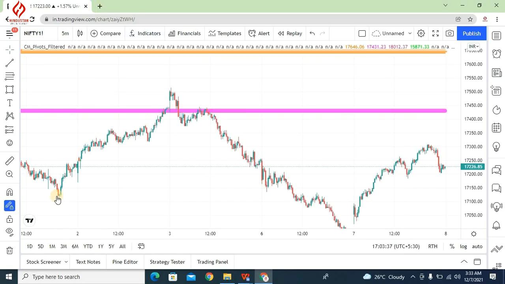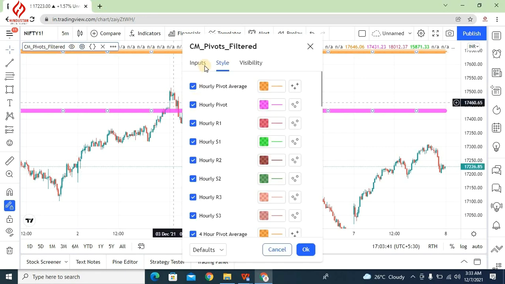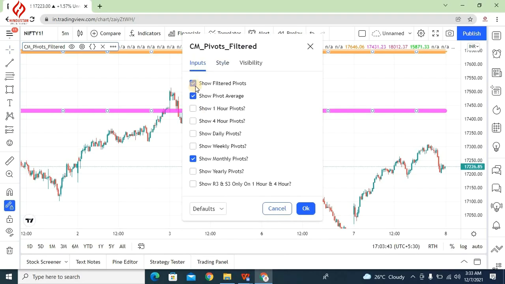Now let us do some settings. So go to settings here and in inputs we want only, see, I personally use daily, weekly and monthly pivots. So you just mark daily pivots, weekly pivots and monthly pivots.